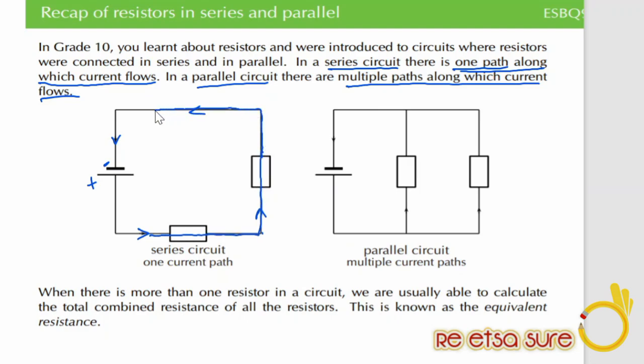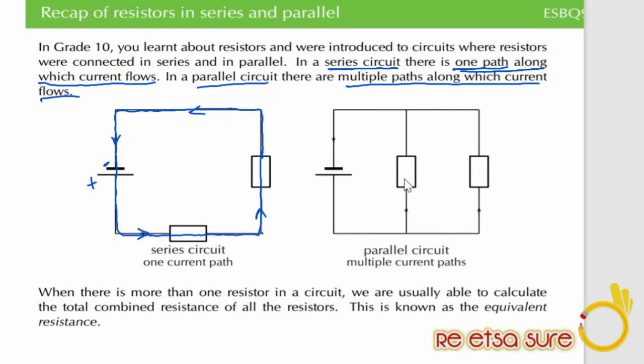So that shows that the current flowing in our series circuit is the same throughout. But now let's check the parallel circuit.